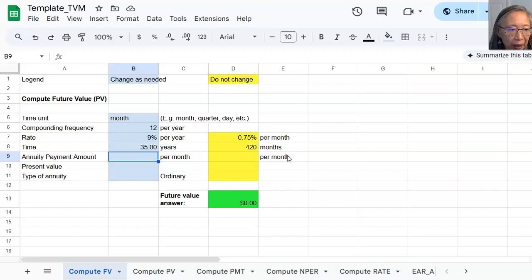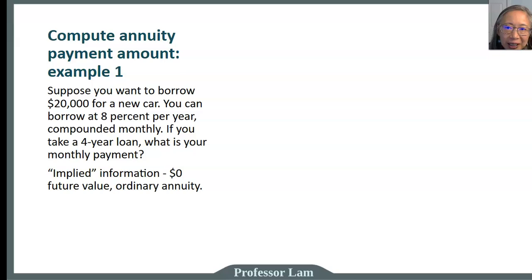The annuity payment is $50 per month. Notice that the template already put this in for you. So it's $50 per month, and the present value is 0. You don't have any, and it's an ordinary annuity. So by putting $50 per month over 35 years, it will grow to $147,000.